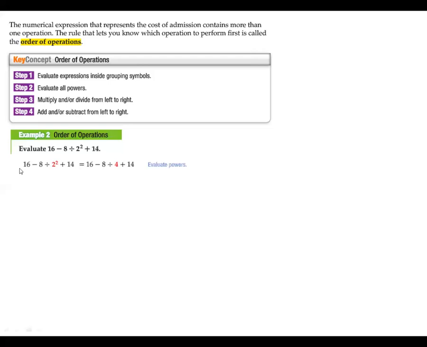So you would divide the 8 and the 4 and get 16 minus 2 plus 14. Now it's addition and subtraction, which remember it's a tie, and the tiebreaker is whichever one comes first. So a lot of times people want to do the 2 plus 14 and then they'll get 16 and say, okay, 16 minus 16 is 0. No, that's wrong. You have to do the subtraction first. So 16 minus 2 is 14, plus 14 gives you 28.